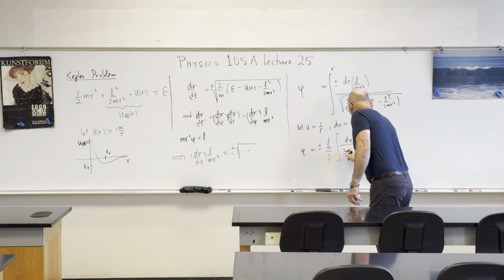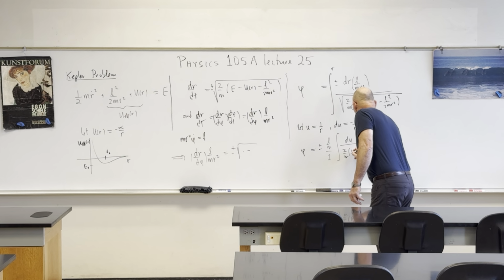We've got 2 over m times E plus, and then the 1 over r is the u, so plus alpha u, square root, minus L squared over 2m, and then u squared. So this will simplify if we invert this in the denominator, m over L, and multiply through.